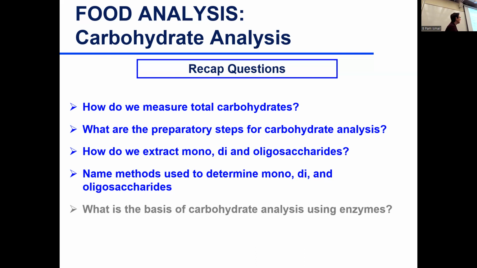The Somogyi-Nelson is the most common one. It is based on the reducing power of the sugars, reducing cupric containing reagent into cuprous. And there are several methods to quantify, either by gravimetric measurements, titration, or spectrophotometer. Okay, so that's where we stopped.